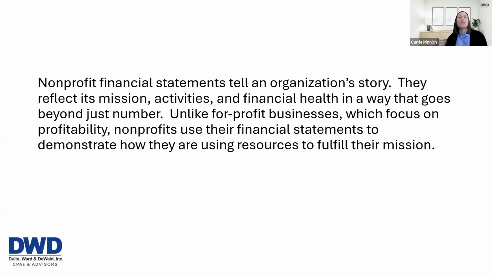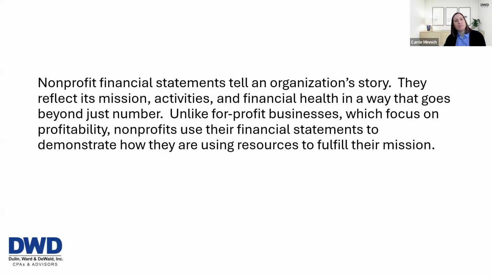Nonprofit financial statements tell an organization's story. They just use numbers. They talk about your mission, your activities, and your financial health. Really, it's just in numbers, so you have to interpret those numbers to figure out what the story is telling you. For-profit businesses' statements focus on profitability: how much money did we make, and how much tax are we going to have to pay this year?